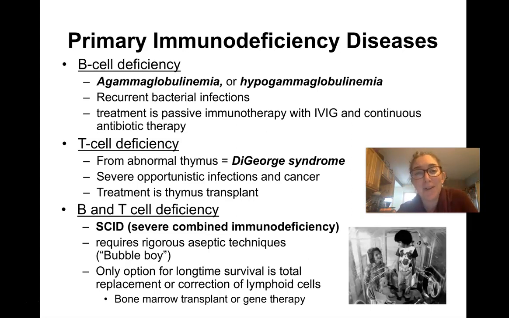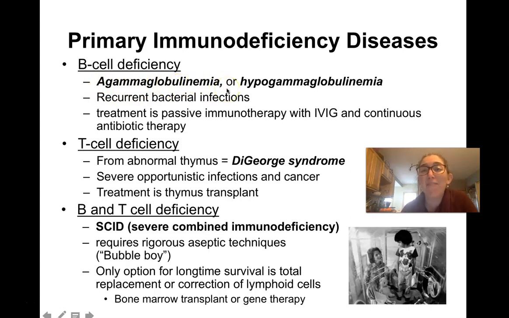The most important immunoglobulin being IgG, or immunoglobulin gamma is what the G stands for. I'm just telling you that because that's where this name, agammaglobulinemia, comes from. It's a big mouthful of a word, but it literally means without gamma globulin, or IgG, in the blood.